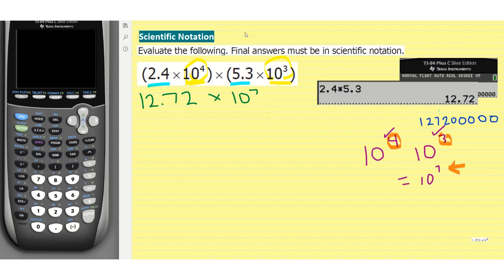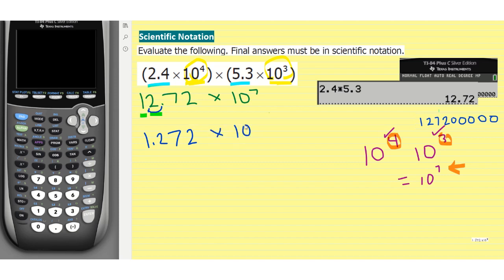However, the one problem with this is that we have two numbers in the whole number position, and we need to have only one. So I need to move that decimal place over one place and change it to 1.272. But this means that this is going to change somehow.